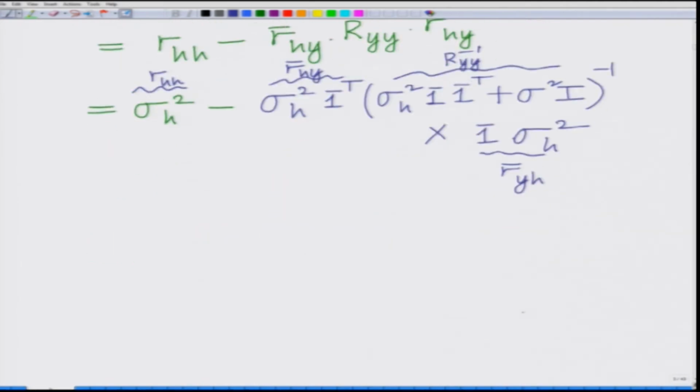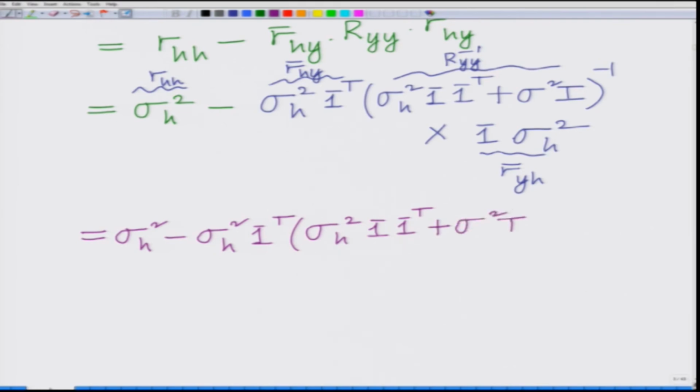Okay. So, now we have this expression, which is basically sigma h square minus sigma h square 1 bar transpose into sigma h square 1 bar transpose plus sigma square identity inverse into 1 bar times sigma h square.